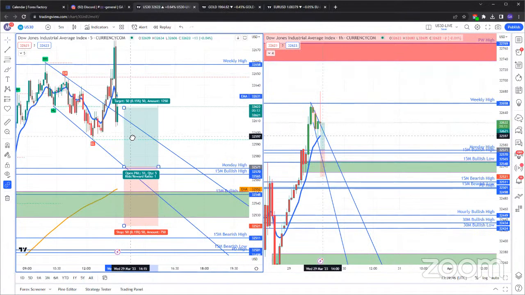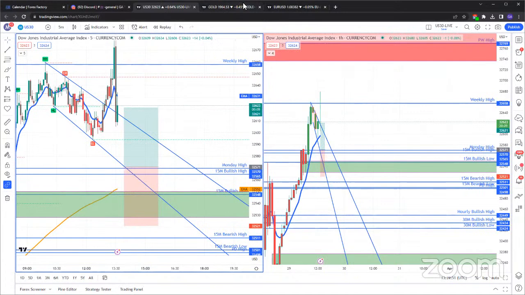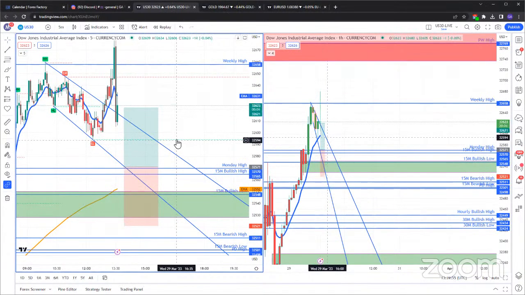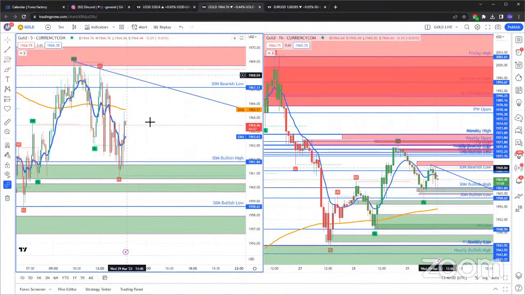So this would be a better buy for US 30. Personally, I look for quality entries. I would rather wait for US 30 here because I'll save myself about 20 pips. So I'll wait for US 30 down there.